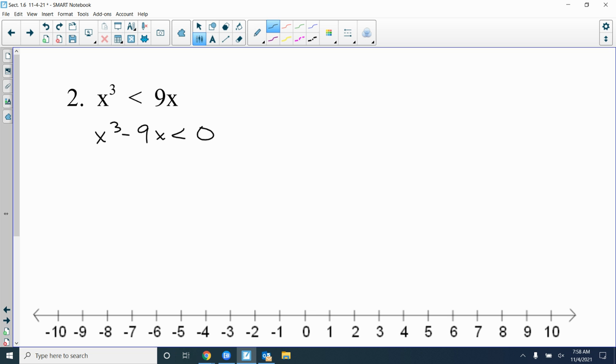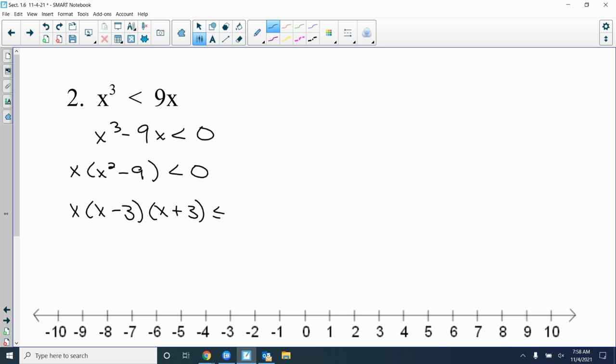Whereas with a polynomial, you should know whether it opens up or down if you know the zeros. So we're going to go through this similarly. We want to find where it does equal 0. If you do have a GCF, factor that out. So you got x times x squared minus 9. Keep factoring. Well, x squared minus 9 factors into x minus 3 times x plus 3.